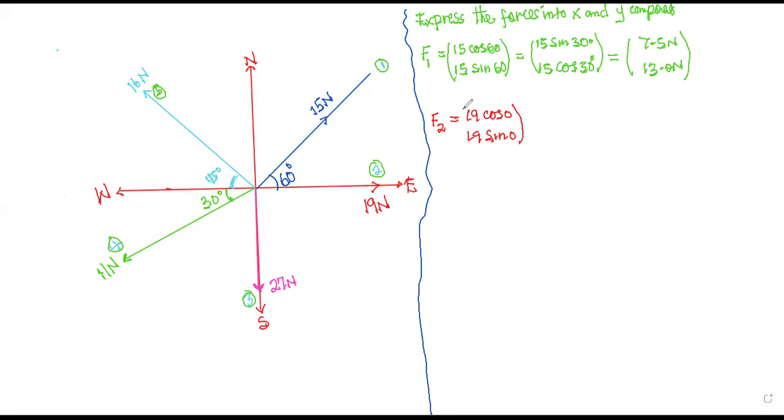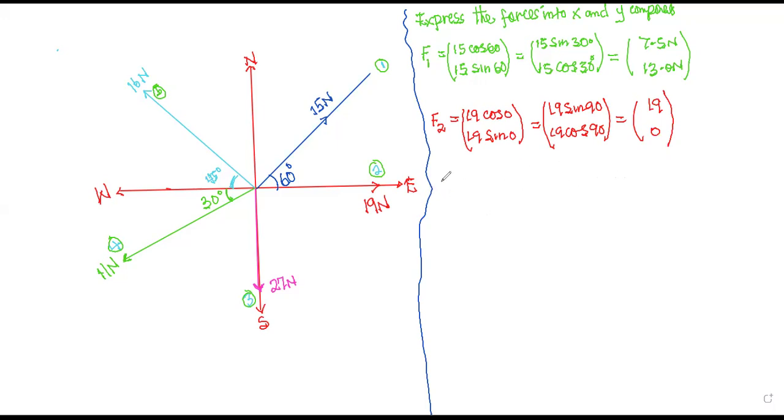This must be equal to the angle it makes with the y, which is 19 sine 90 and 19 cos 90. This is equal to 19 and then 0, meaning it has a horizontal component and no vertical component.